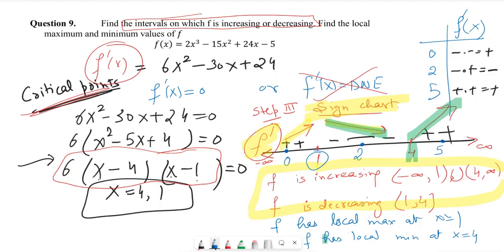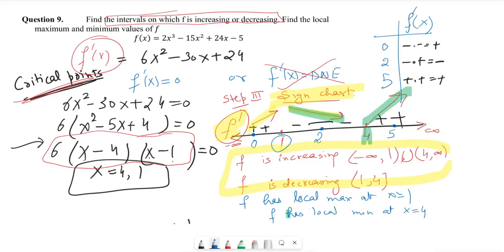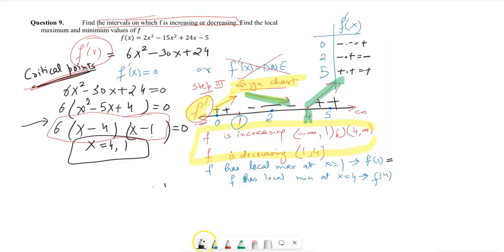Then they ask to find the local maximum and minimum values. The value can be found by putting 1 in the function. So local maximum value would be f of 1 and local minimum value will be f of 4. So f of 1 is 2 times 1 cubed minus 15 times 1 squared plus 24 times 1 minus 5.